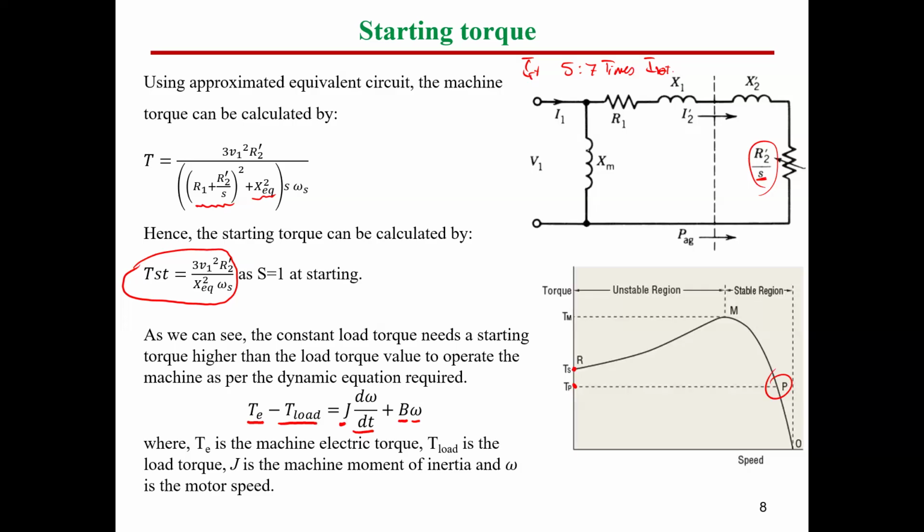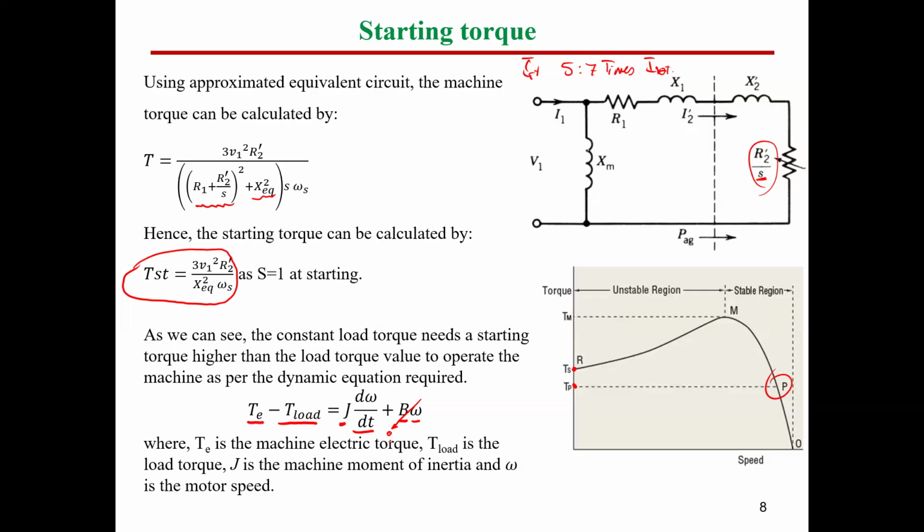So we discussed this before for the DC motor, but let's understand the concept here for the motor starting using the dynamic equation. So B is the friction. If we neglect the friction for the time being, so omit this part from the equation, and this actually is the case if you start a motor.